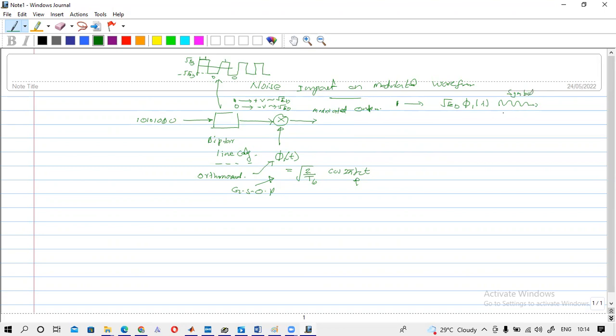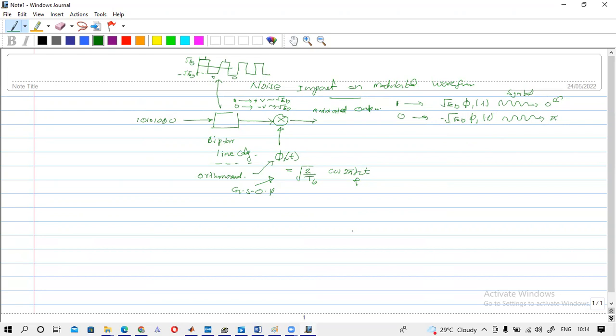For 0 you will have minus root E_b phi_1(t). This is the waveform for 0. You know that here you have zero phase shift, and here you have a pi phase shift. So this is the modulated signal, and we have already generated this.